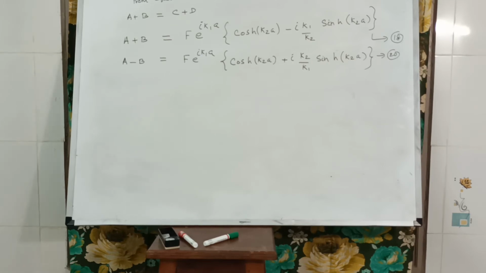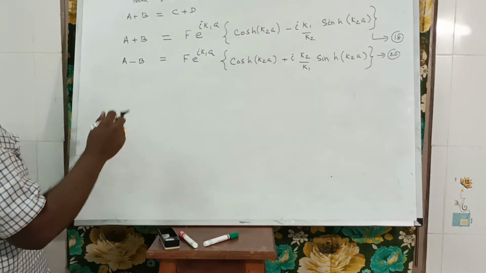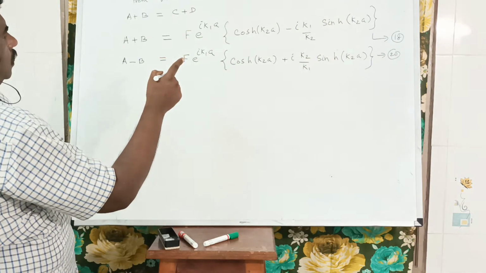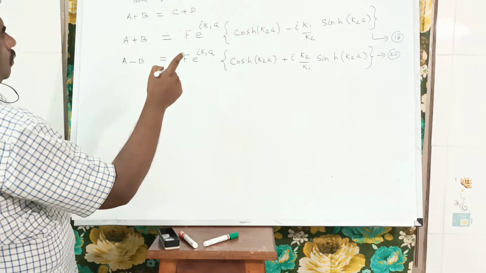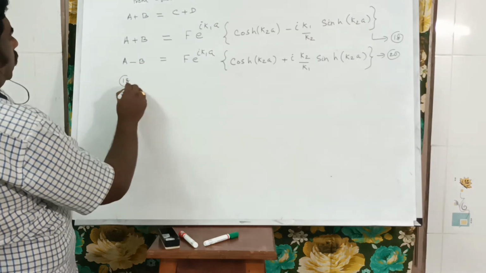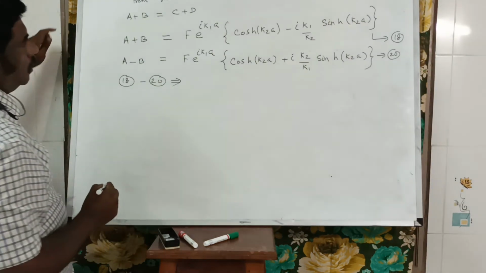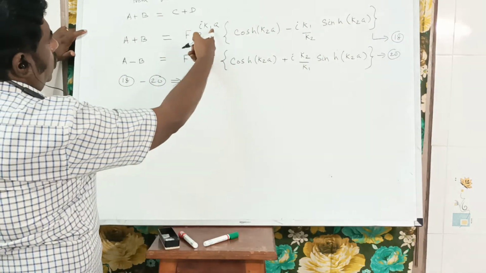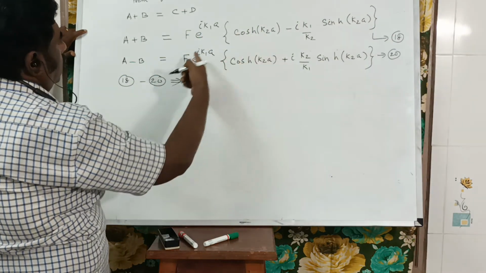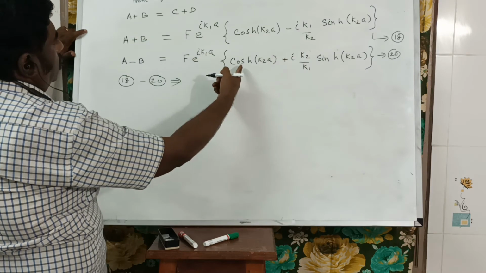Now to find the value of B, we have to subtract equation 20 from 18. Equation 18 minus 20 gives, see, F into e power i K1 a cosh K2 of a, F into e power i K1 a cosh K2 of a.